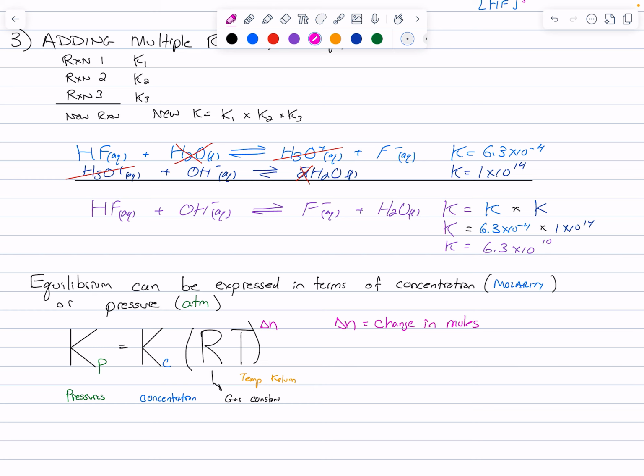So if we think about the change in moles, that would be the sum of the coefficients of products minus the sum of the coefficients of reactants.